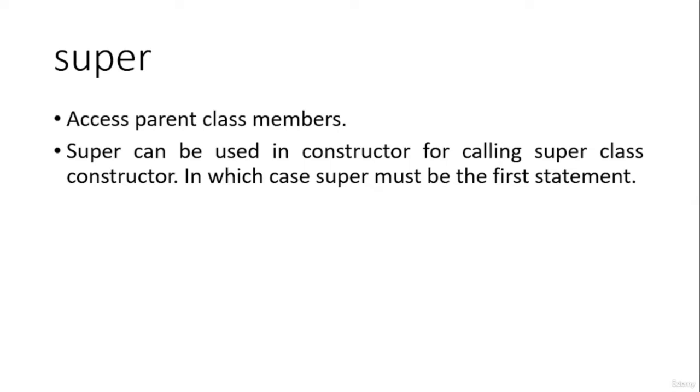It is very handy because if there is multi-level inheritance, whichever the latest implementation of that method has happened, that implementation will be provided for you using the super keyword.